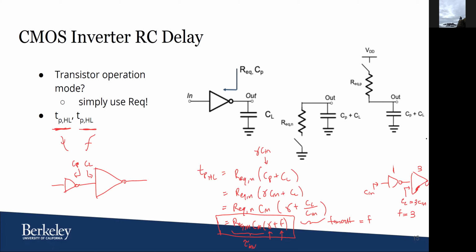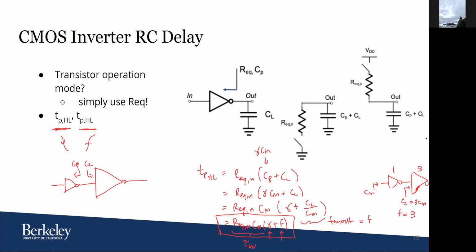Okay. Is that some term that we define somewhere? Well, this is the definition. I'm defining it here: CL as seen from an inverter compared to its input capacitance is the fan out.